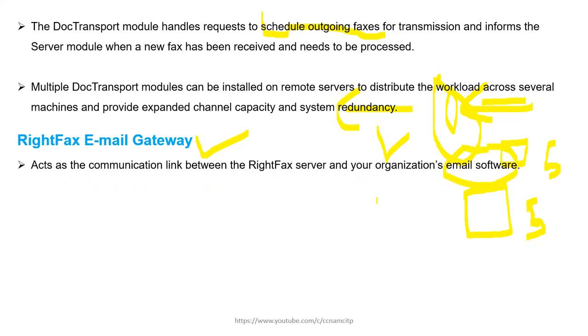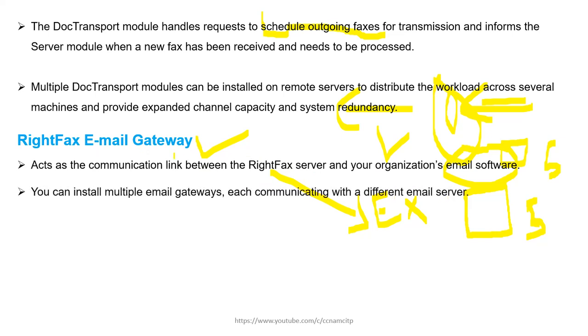For example, if you are using Exchange server, it will act as a mediator between RightFax and Exchange server. You can do integration between email software and RightFax server. That is the function of RightFax email gateway. And you can install multiple email gateways, each communicating with different email servers. That is also possible.